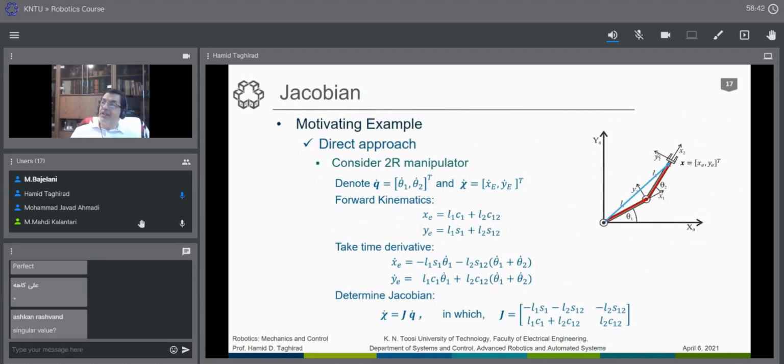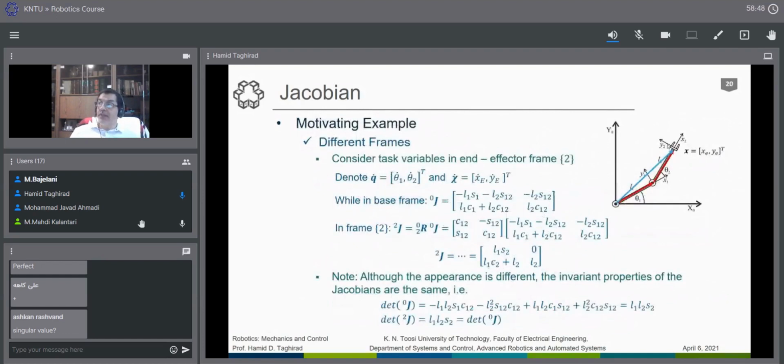You can represent it in the second frame or in the first frame or whatever. And if you represent it in the second frame, it becomes much simpler. In frame 0, we have two components here and here, which are related to θ1 and θ2. But when we represent it in this moving frame, don't consider the relative velocity, consider the absolute velocity. If we consider it in this frame, it is much simpler. You see here, we have S12 and so forth. Here we don't have S12, we don't have θ1 and θ2.